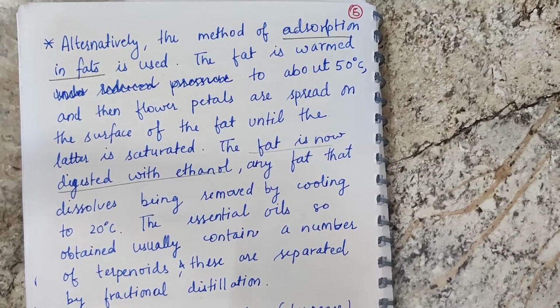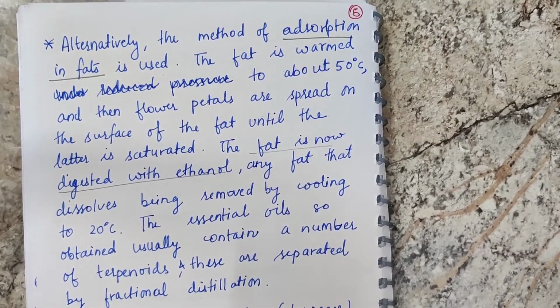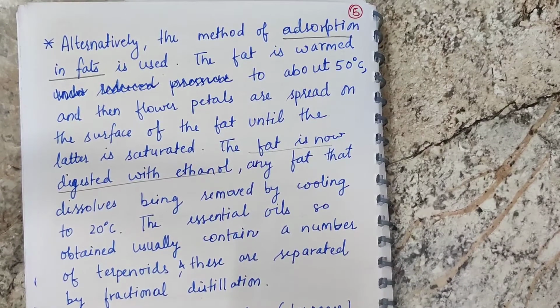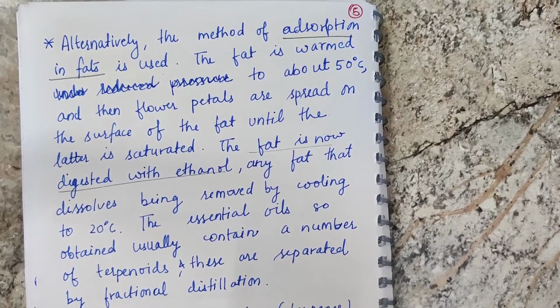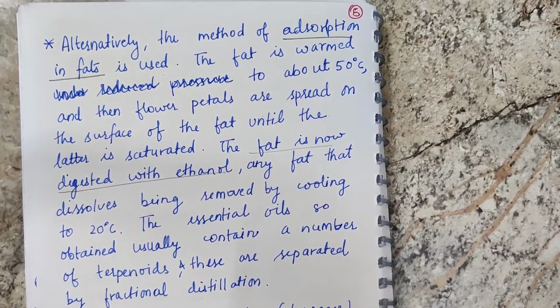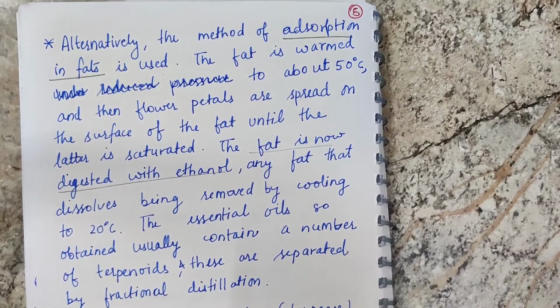But sometimes some fat molecules get dissolved in the ethanol. So how do they separate that? They cool it down. Fat solidifies very easily. So if they cool it to around 20 degrees Celsius, the fat solidifies, and then they separate the ethanol, and the ethanol has your terpenes or whatever terpenoids you have separated.